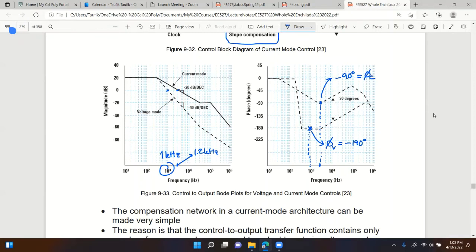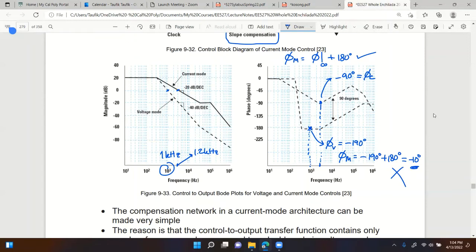So how do you calculate phase margin? The angle at crossover frequency plus 180 degrees. Apply this equation for voltage mode. What do you get for phase margin? You get minus 190 plus 180. This is unstable already. That's not good. It's a negative phase margin.